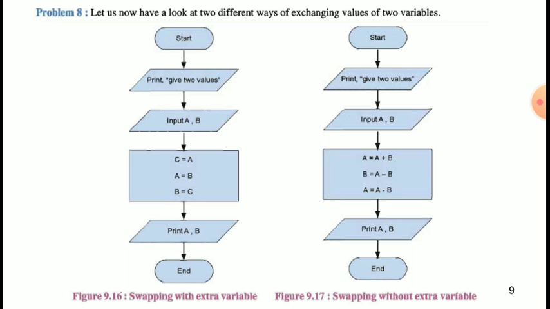Third, subtract the value of b from a and store it in b. Fourth, subtract the value of b from a and store it in a. And number fifth, print the values of a and b. So that is swapping without an extra variable.